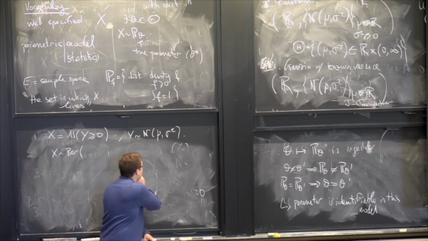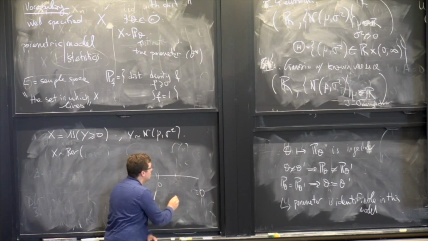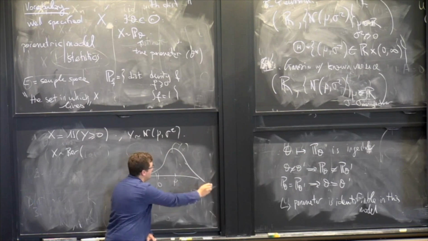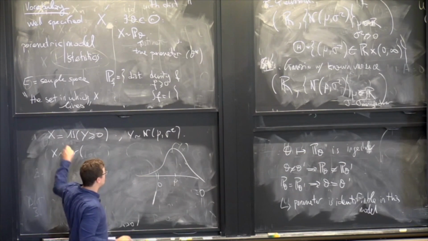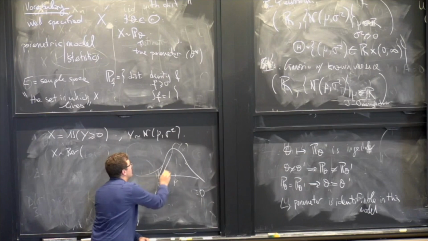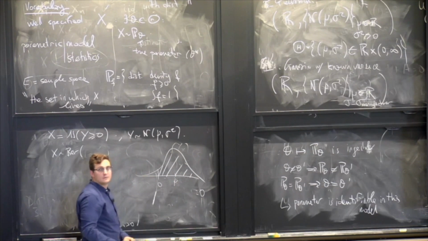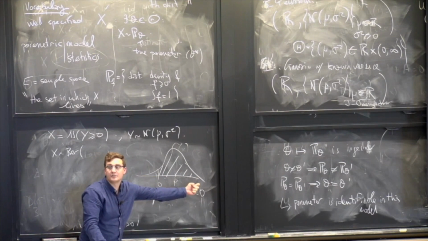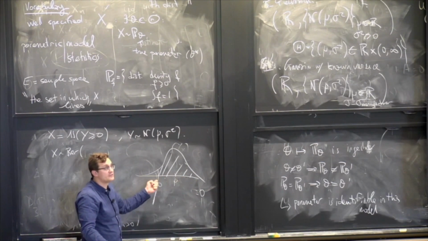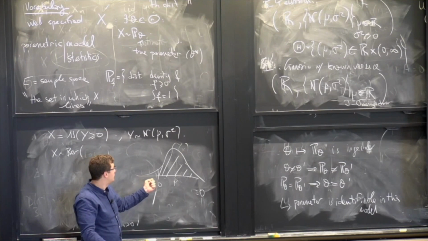Because if I draw 0, and I draw my Gaussian around mu, then the probability of this Bernoulli being 1 is really the area under the curve here. Right? And this thing, well, if mu is very large, it's going to become very large. If mu is very small, it's going to become very small.